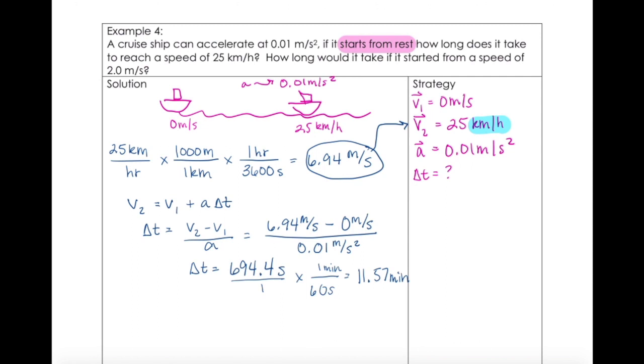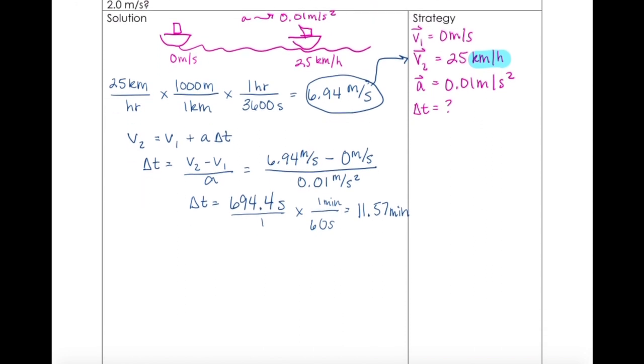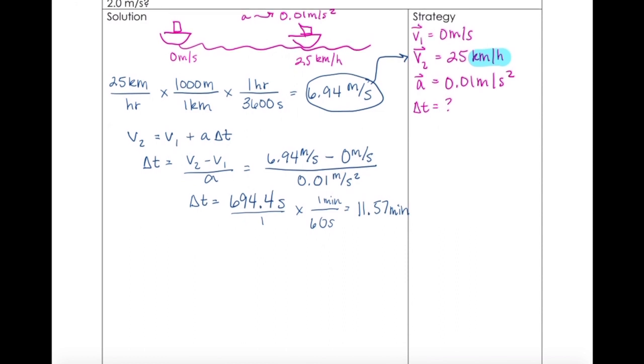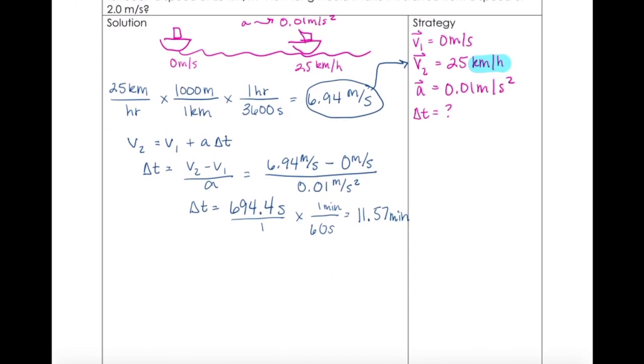Okay, so moving on to part 2, we have the same values except that our acceleration is now at 2 instead of at 0.01 meters per second squared. Oh, that's wrong. Sorry, I read it wrong.